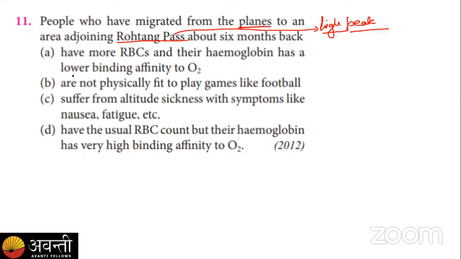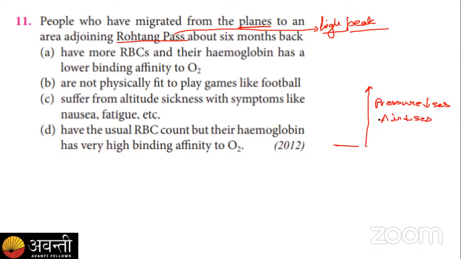Okay, so as you know, we are moving from plains to the heighted region. As we move from plain to the height, the pressure decreases, right? Everyone knows that as we reach height from sea level, the pressure decreases. And when the pressure decreases, the air also decreases.